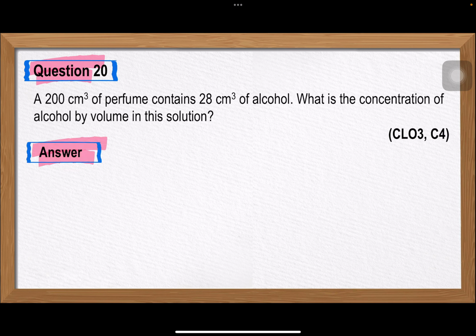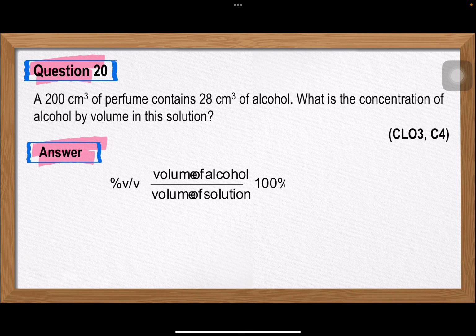So you need to know the formula: percentage by volume equals the volume of alcohol divided by the volume of solution times 100. The volume of alcohol is 28 cm3, divided by the volume of the whole solution, 20, times 100.